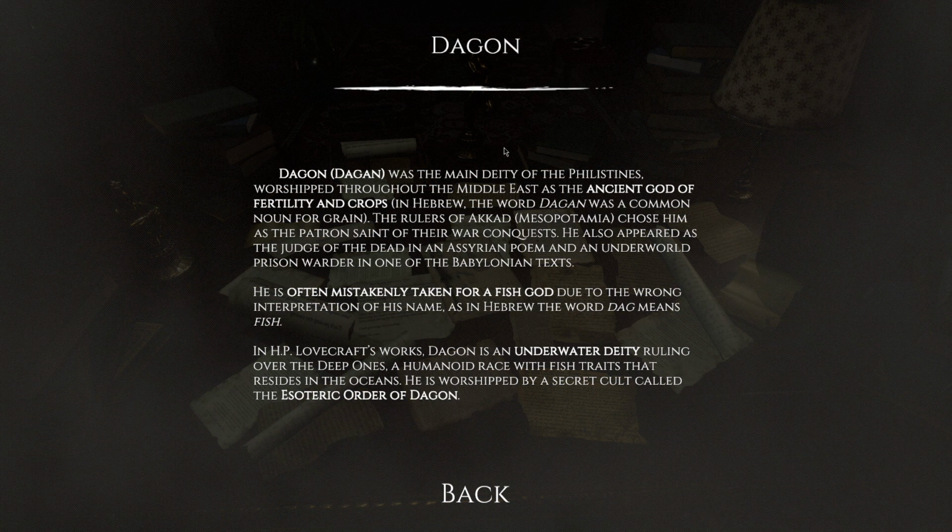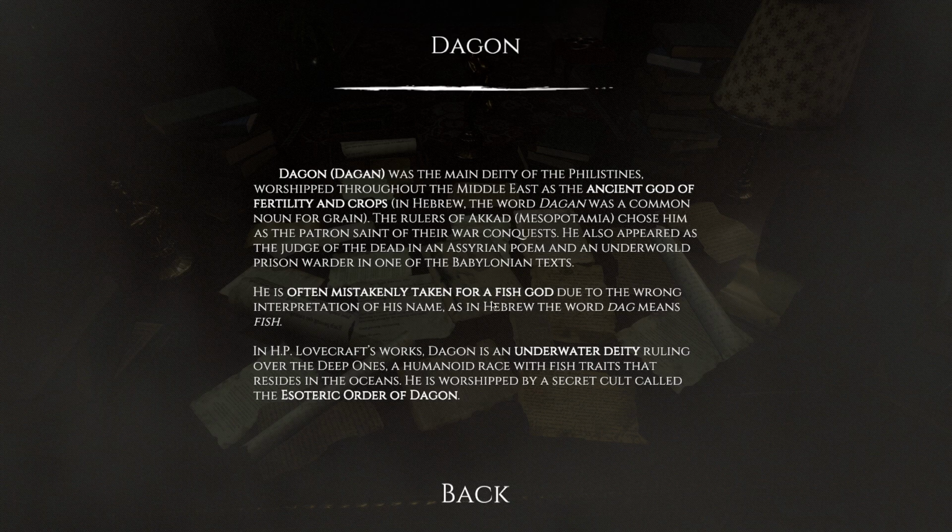Dagon was the main deity of the Philistines worshipped throughout the Middle East, ancient god of fertility and crops. Dagon was a common one for grain. The rulers of Akkad, Mesopotamia, chose him as patron saint, judge of the dead in an Assyrian poem, and underworld prison warden in one of the Babylonian texts.